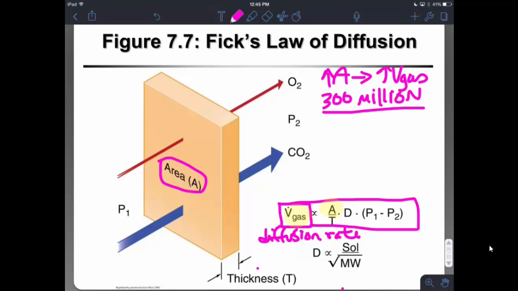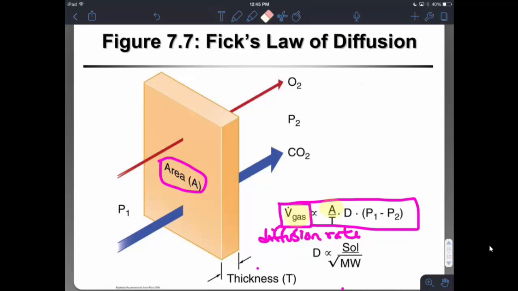Diffusion area is not something that typically changes, because you're not going to gain more alveoli. You can lose alveoli with damage and smoking. We'll talk more about area later, but for now I just want you to understand that if there's more diffusion area, the gases are going to diffuse faster.